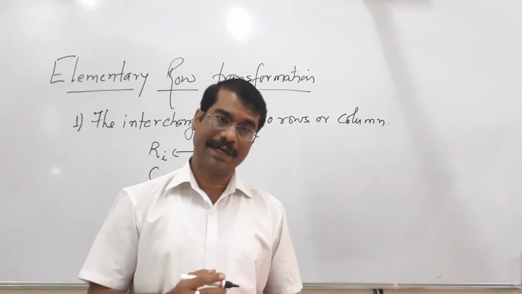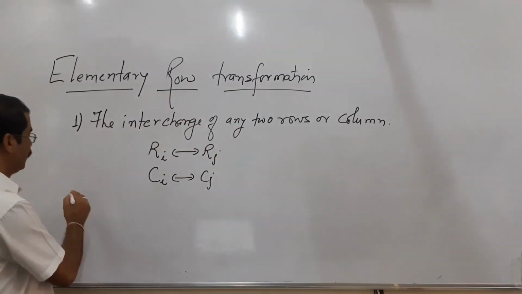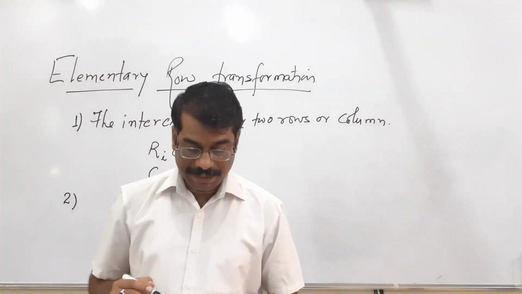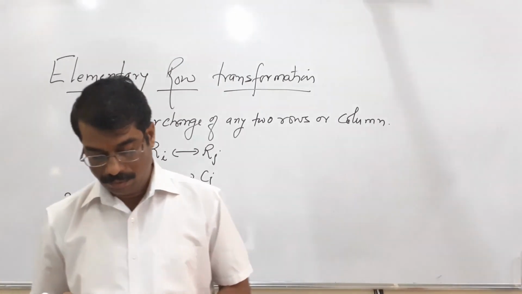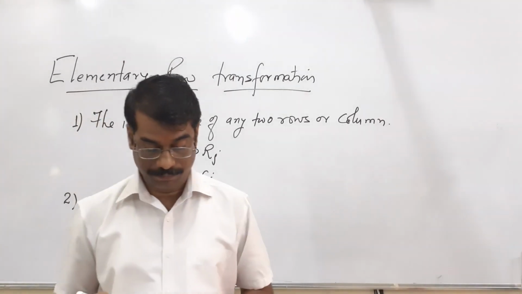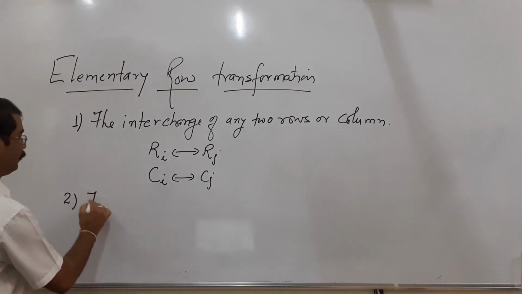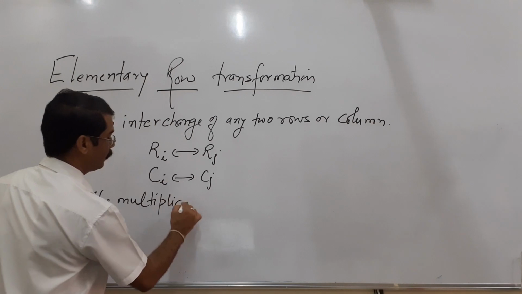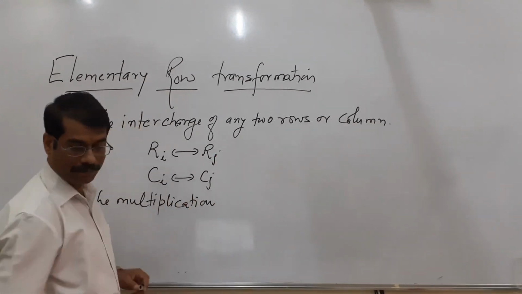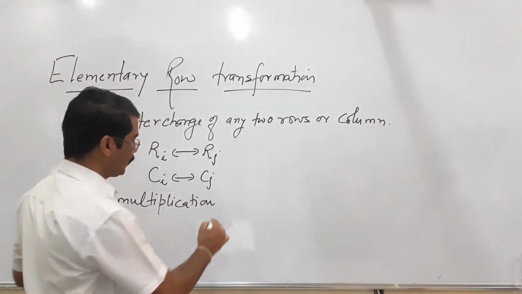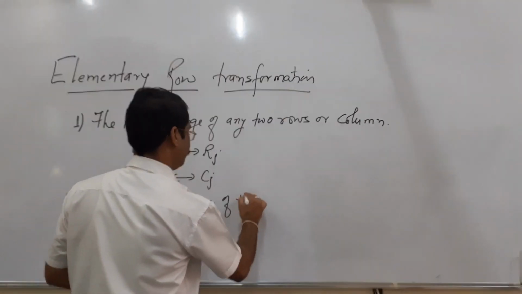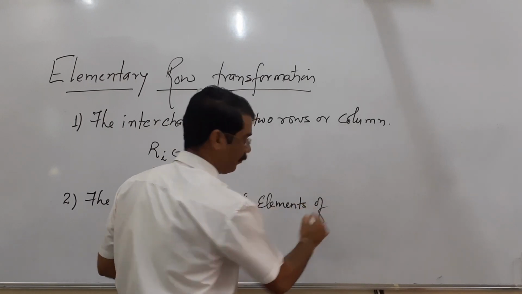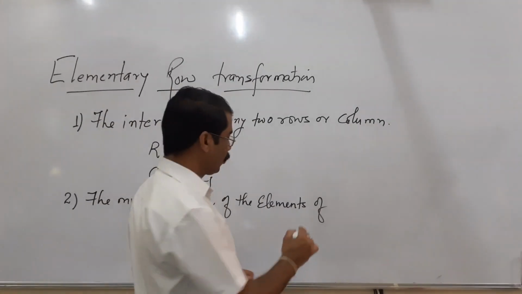Now the second operation on a matrix goes like this: the multiplication of the elements of any row or a column by a non-zero number.